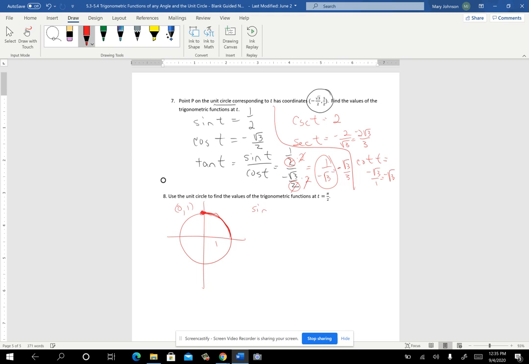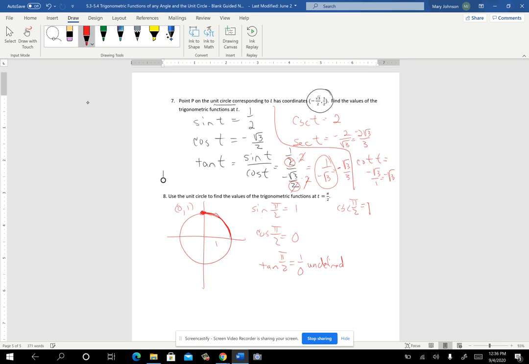So then you can do sine of pi over 2, cosine of pi over 2, and tangent by just thinking about that ordered pair, 0, 1. So sine is the y-coordinate, cosine's the x-coordinate, tangent is sine over cosine, which is undefined. Okay, and then cosecant is related to sine. It's the reciprocal of 1, which is 1 over 1.